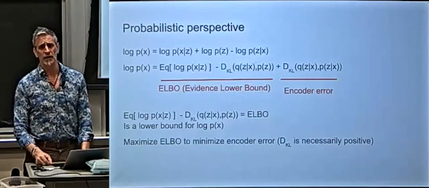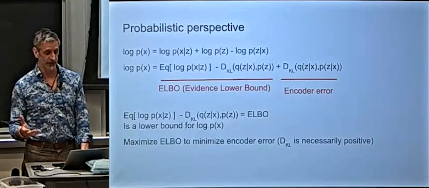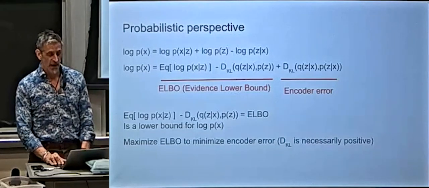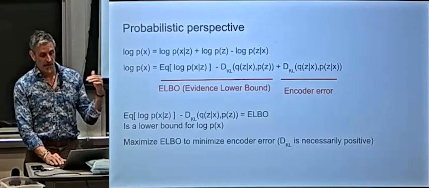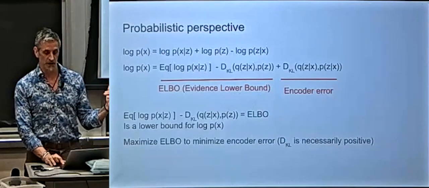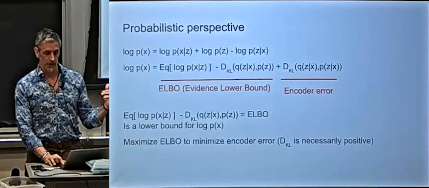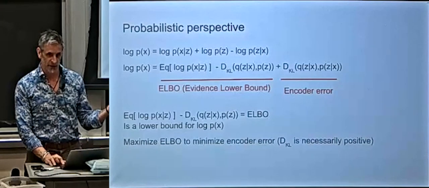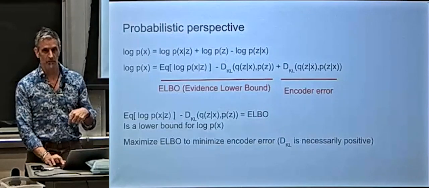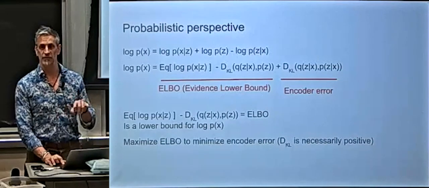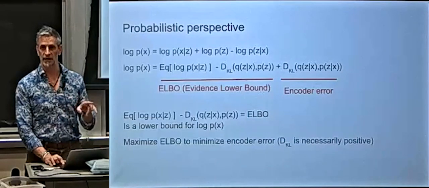But we do know that the KL divergence is always a positive number. And so if we maximize those two terms in the middle, it's going to end up maximizing the probability of x, and it's going to end up minimizing the encoder error, and we don't actually have to know how to compute any of those.